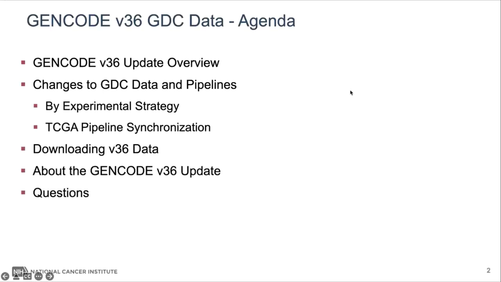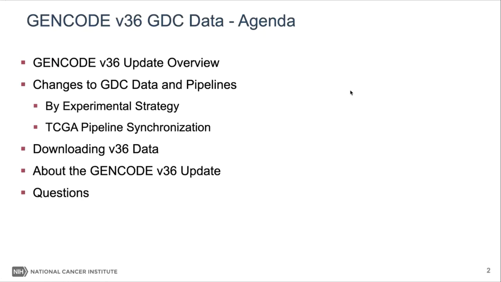So just to go over the agenda a little bit, the first thing we're going to do is give a short overview of the GENCODE 36 update. Next, we'll go over a few in-depth changes to the GDC data and pipelines. This will be done by experimental strategy, and it's not going to be a section.